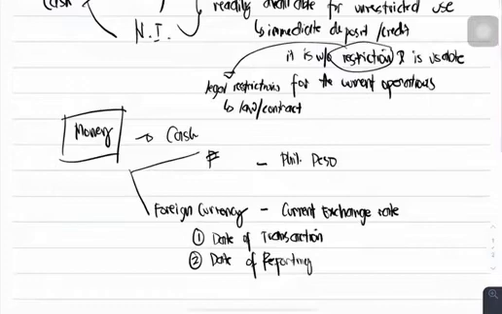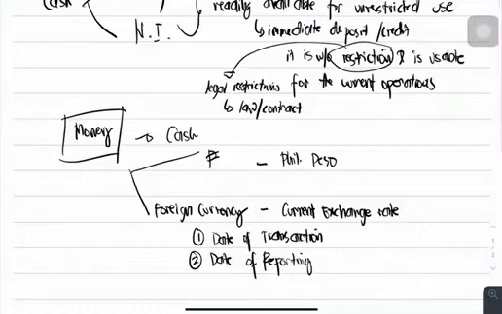So on the date of transaction, that is the time that you have collected or you have a foreign currency. So for example, today, you sold to a US company and the US company paid you $30,000. So today is the transaction date of that $30,000 or that foreign currency.